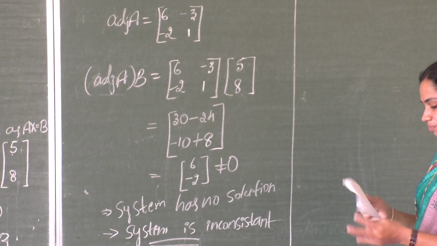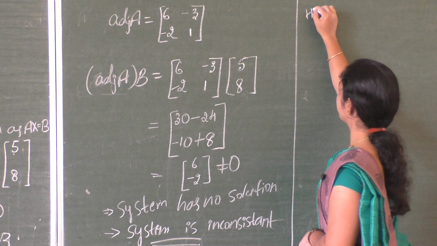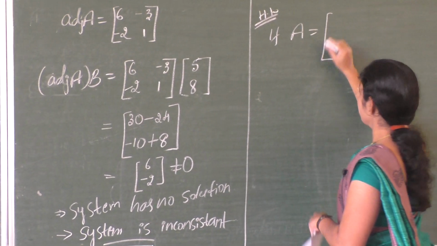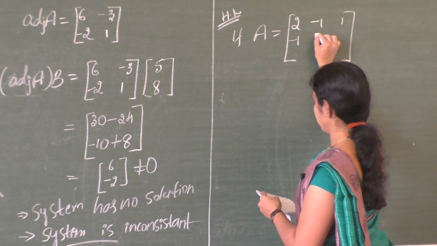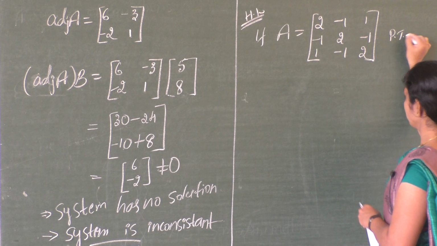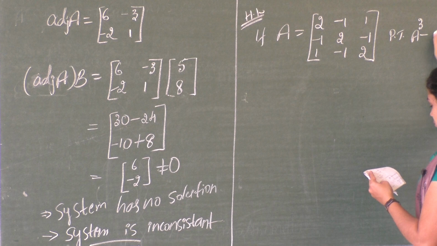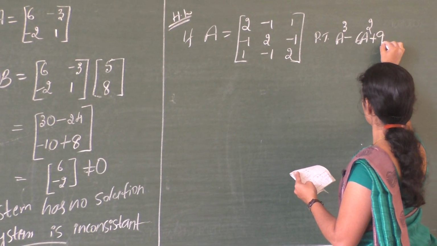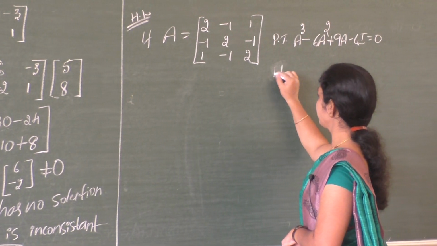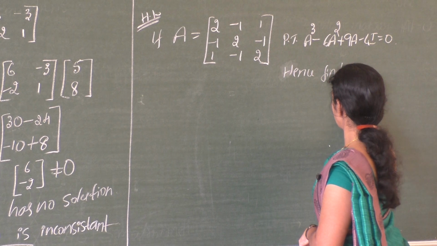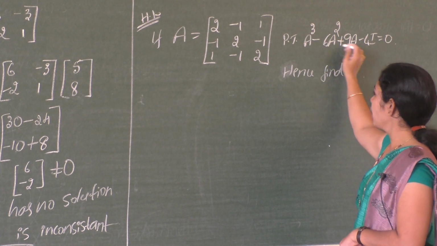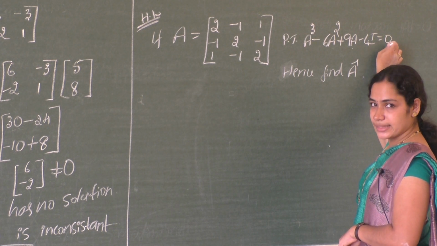Try one problem yourself. Here the first part we already proved in the matrix chapter, that is A cube minus 6A square plus 7A minus 4I equal to the zero matrix.